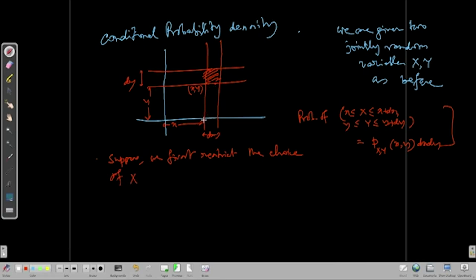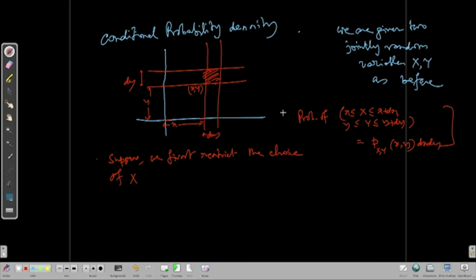So, in my experiments capital X will take any value from here to minus infinity, but I will ignore all others. I will consider only those cases where capital X is from small x to x plus dx. So, we first restrict the choice of capital X, but that will not always happen. That will have a chance factor. That I will bring in later, okay, because capital X as such will take value from minus infinity.